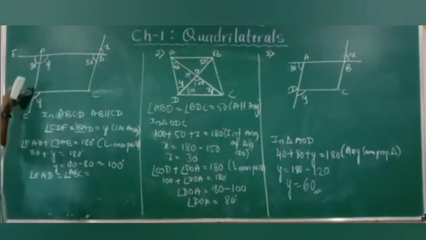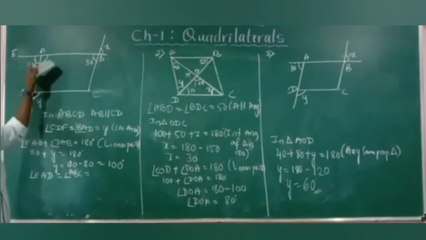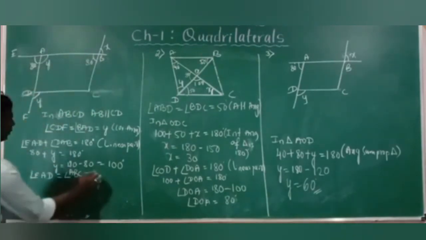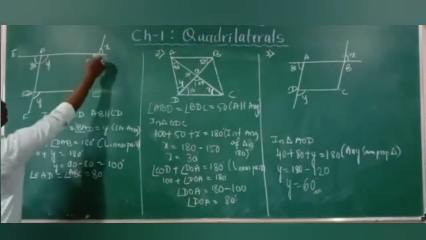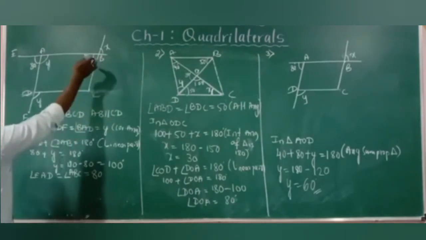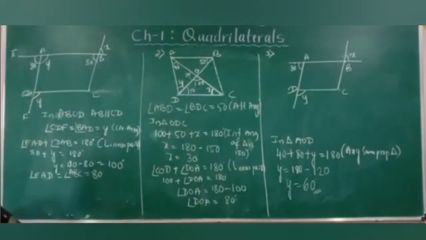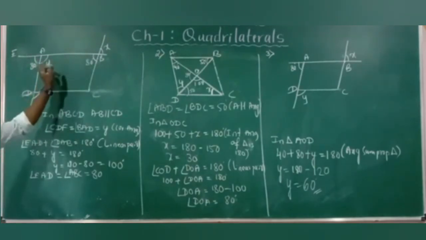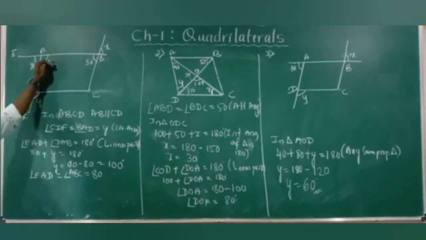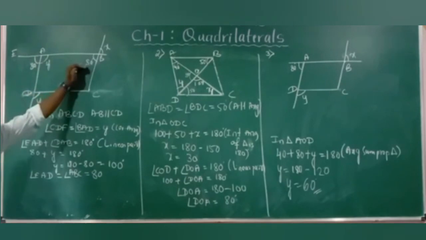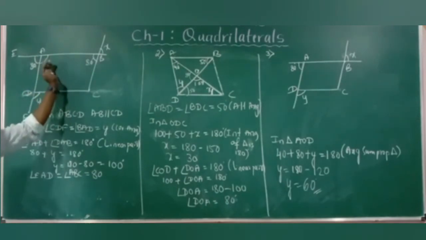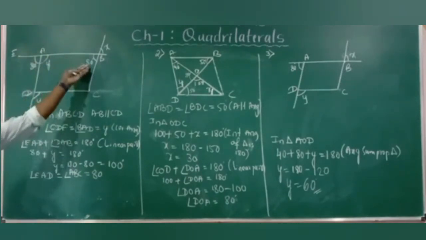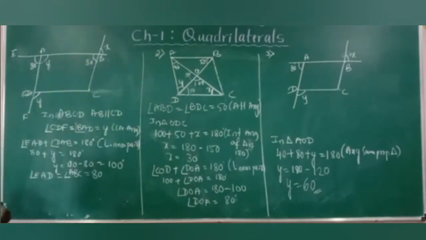Here AD is parallel to BC, therefore these two are corresponding angles. So angle ABC is equal to 80 degrees. Listen here, y value is 100, which means the sum of two adjacent angles is supplementary. The y value is already 100 degrees, so the remaining angle is 80 degrees. Just subtract 100 from 180, and you will get the angle B value, which is equal to 80 degrees.